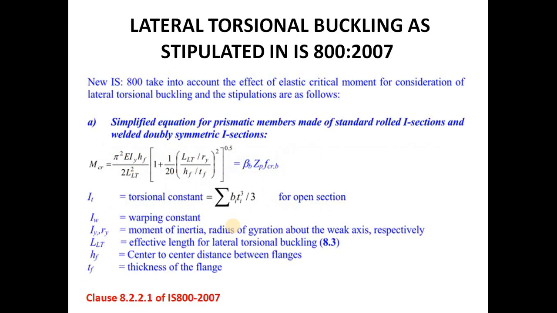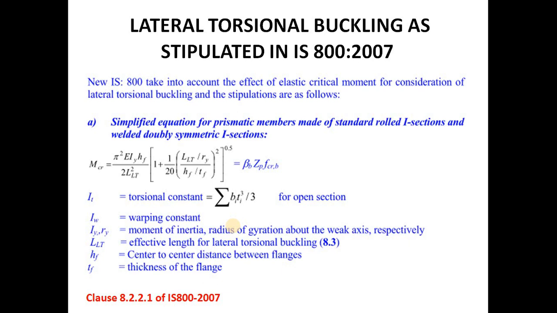Okay, now the lateral torsional buckling as stipulated in IS 800-2007, that is our Indian code for design of steel structures, the new edition according to the limit state method, takes into account the effect of lateral elastic critical moment for consideration of lateral torsional buckling of beams, and the stipulations are as follows.